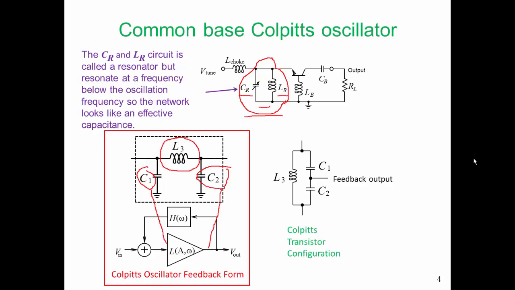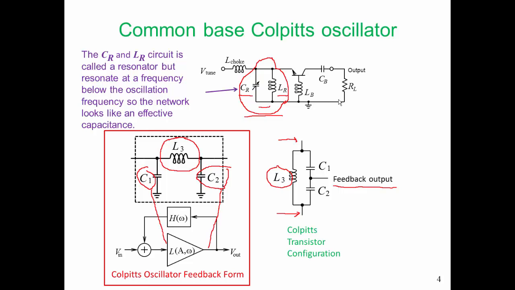In transistor configuration, this is what the Colpitts circuit looks like. We have a feedback output between the capacitors, and we're applying the output voltage from our amplifier across L3. L3 is that inductance LB.